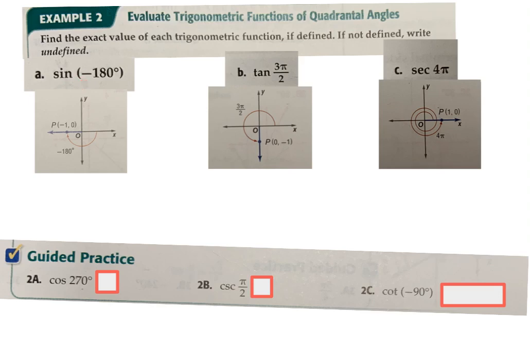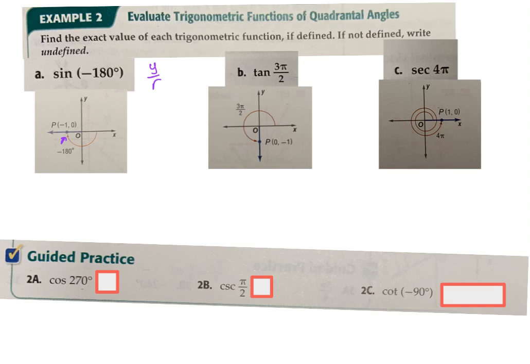Sine of negative 180. So we went this way, and we ended up at the point negative 1, 0. They want the sine. Sine is what? Y over r, yes? Sine is y over r. What is my y value right here on the x-axis?